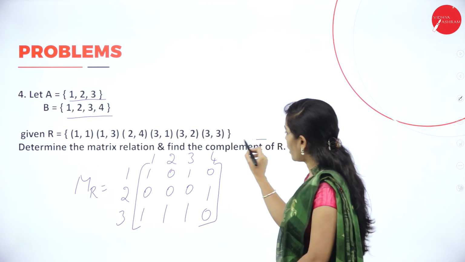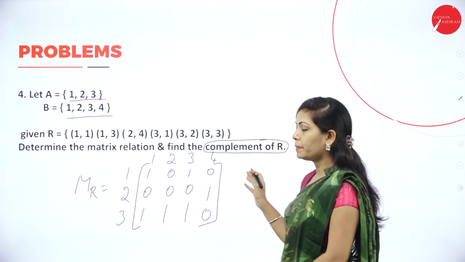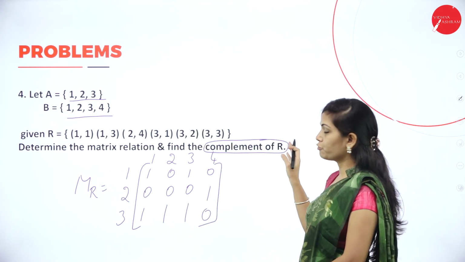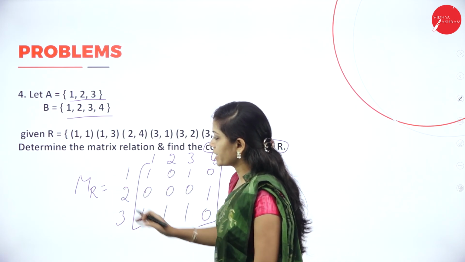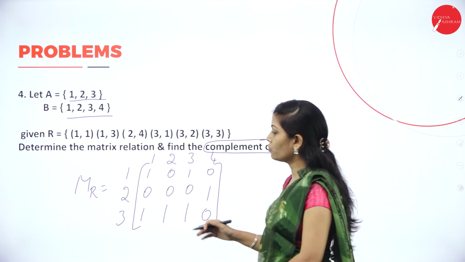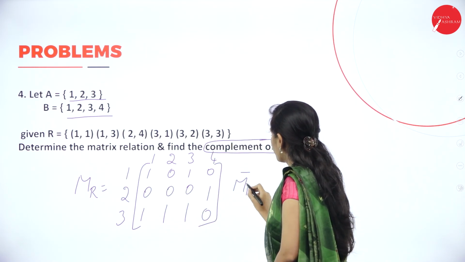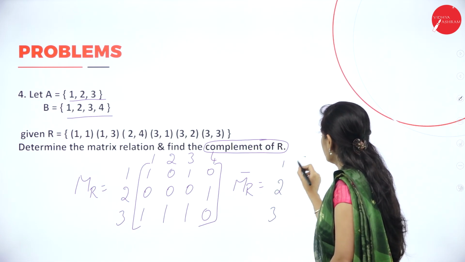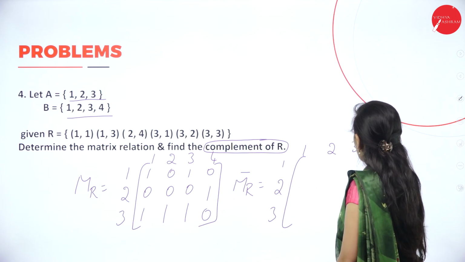So here you have to find the complement of R. So this is the matrix representation. First find out the complement of this matrix representation, that is M dash R. So what is the complement of this?